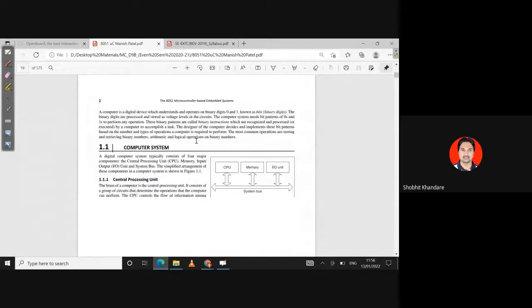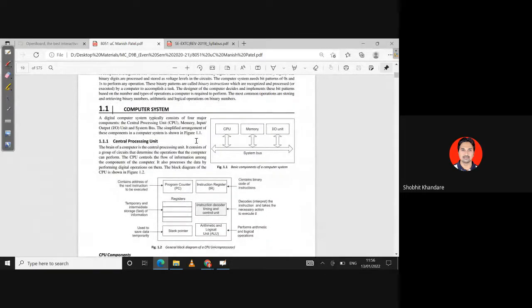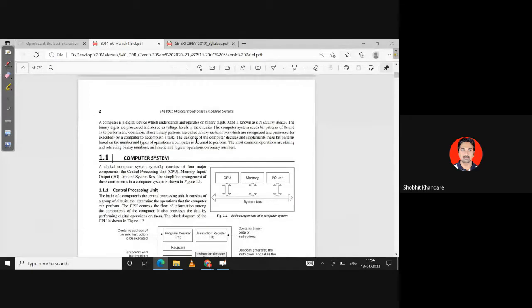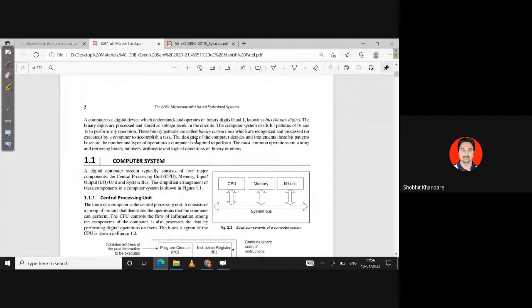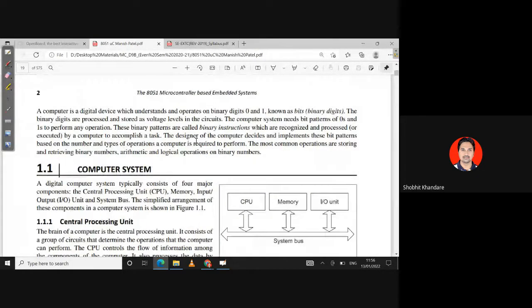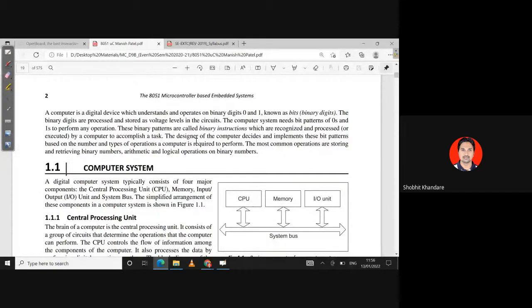Here we will be able to see what is a computer system. This is important, we will see this. सबको दिख रहा है? क्लियर? Yes, sir. Okay, now we have to define the term that is a computer system.